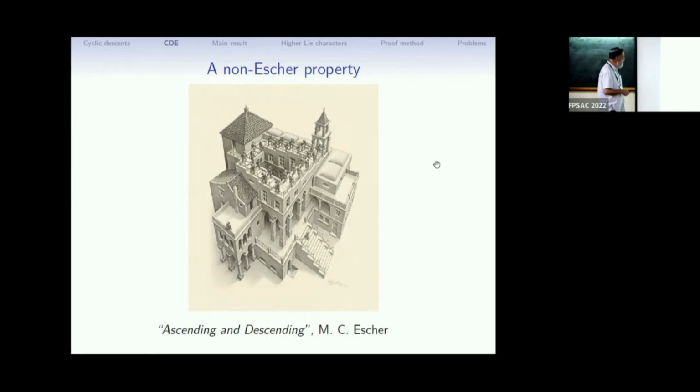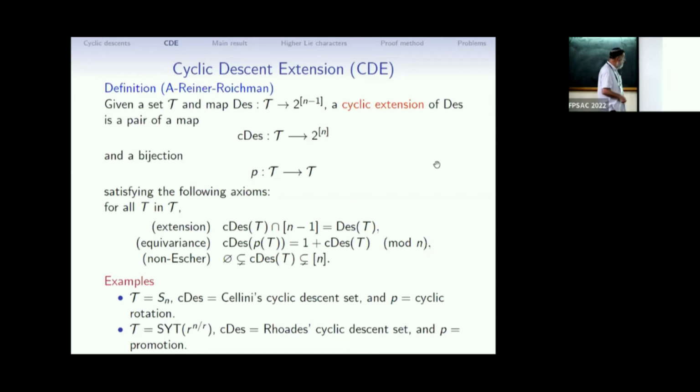This illustrates the paradox that a permutation cannot have Cellini cyclic descent set empty or full. And also in words, if you take all rectangular shapes except one row or one column, then this is a good illustration. So these are two examples for this.